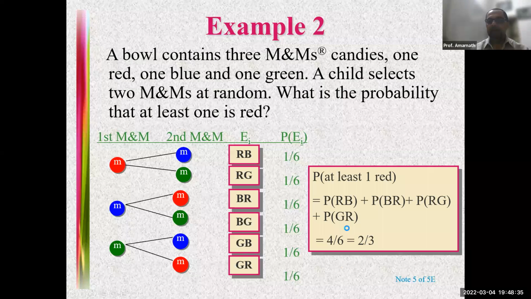So that will be 4/6, which is 2/3. We solve it in Excel, but why do we learn calculus, probability, algebra, matrices and all? This is how, in practice, this is the understanding which we have to build here. That is important. So this was the second example.